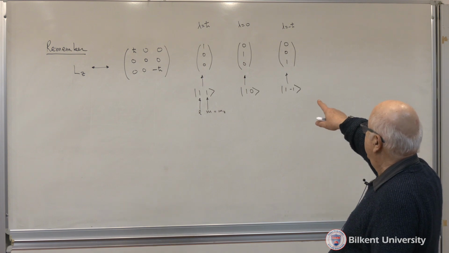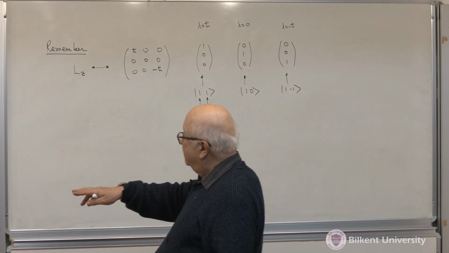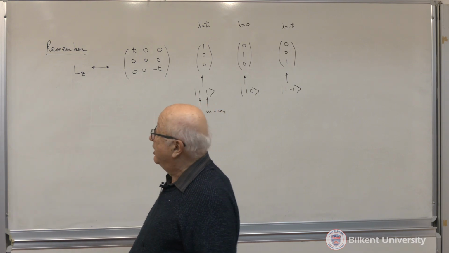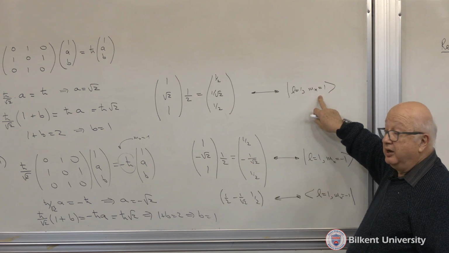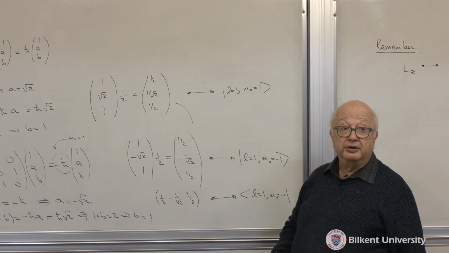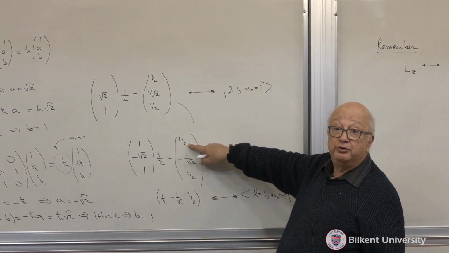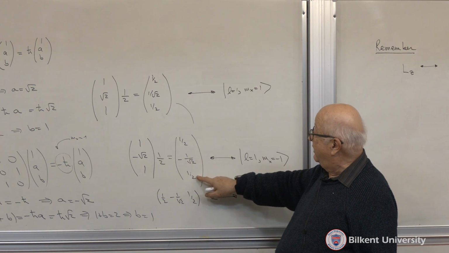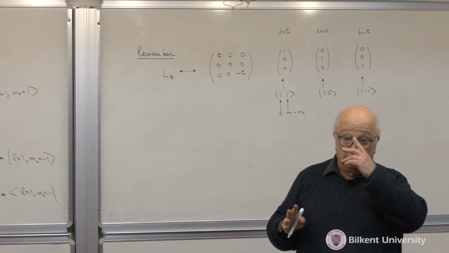You see, obviously they are orthogonal to one another. We did not check this, but you can easily check that the eigenvectors that we found for the Lx eigenvalue equal to 1, Lx eigenvalue equal to minus 1, these vectors are all orthogonal to one another. If you take an inner product, 1/2 gives you 1/4, 1/2 gives you 1/4, so you add them up, it's plus 1/2, but then you also have a minus 1/2. So all these eigenvectors are orthogonal to one another.